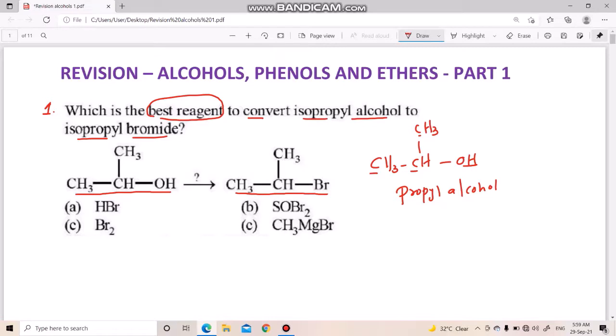This alcohol is a secondary alcohol because OH is attached to the CH, with 2 CH3 groups. So the alcohol is a secondary alcohol. Secondary alcohol with 3 carbon atoms is commonly known as isopropyl alcohol. So isopropyl alcohol is the common name.